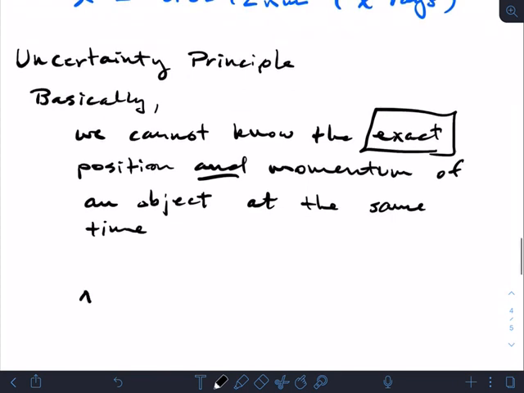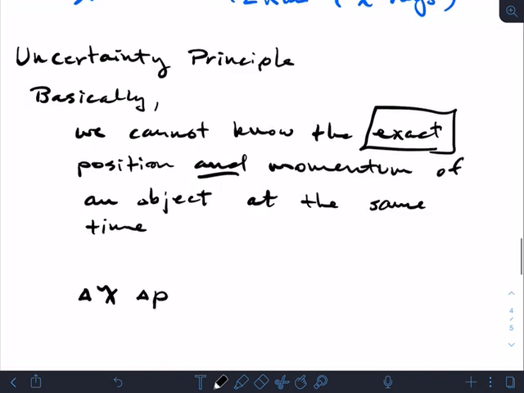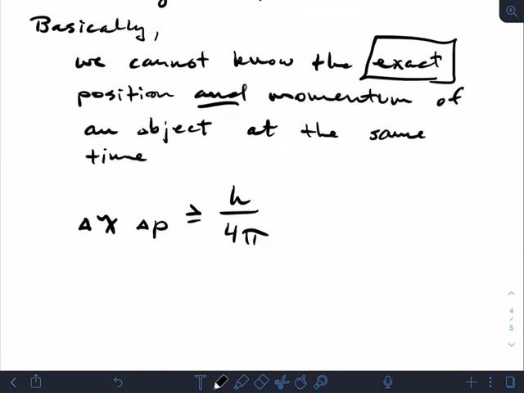So there's an equation for it which says that the uncertainty in position times the uncertainty in momentum is greater than or equal to Planck's constant over 4 pi. Okay? Now we can go through and we could talk about the difference between the uncertainty in a macro object like me versus a micro object, or a subatomic particle like an electron.